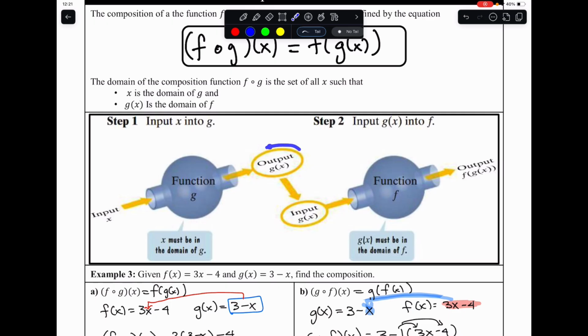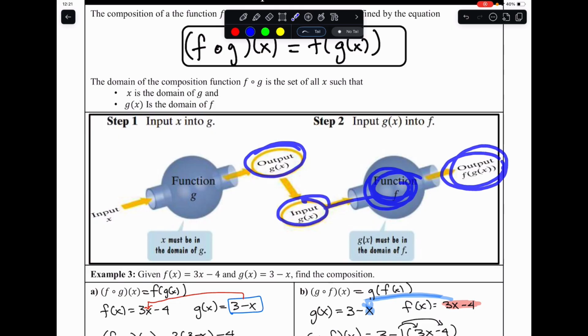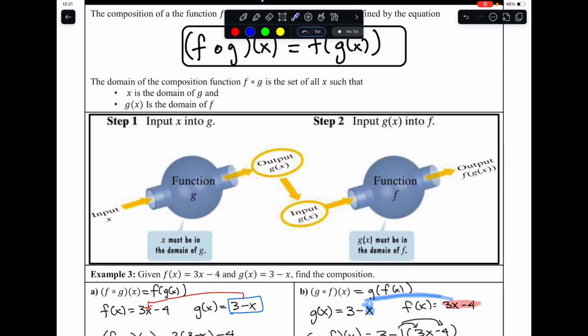Making this output the input of function f, we look at the y value of f, and that output is the result of the composition. We're essentially doing what this diagram illustrates, in a very concrete and not abstract way.